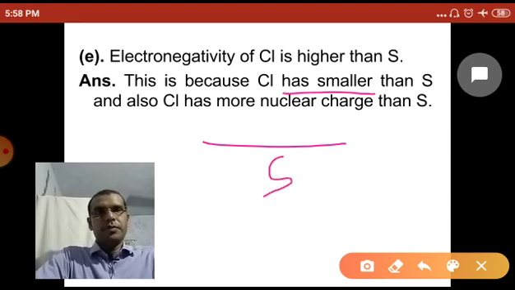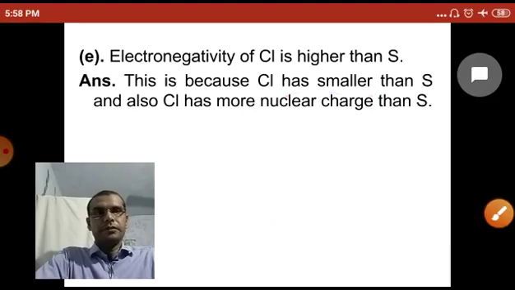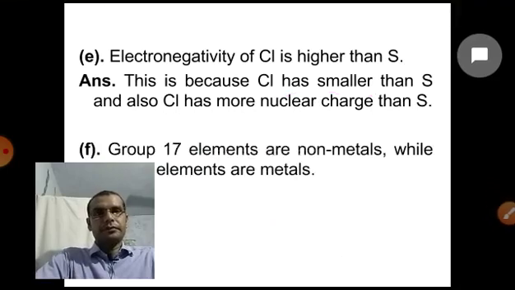Sulfur comes first and then chlorine, so chlorine has a smaller size than sulfur. Also, chlorine has more nuclear charge than sulfur. So the shared electron is more attracted by chlorine as compared to sulfur. That's why the electronegativity of chlorine is higher than sulfur.